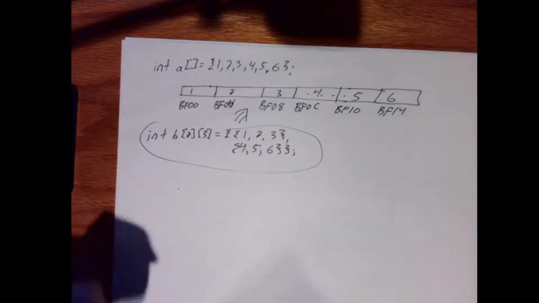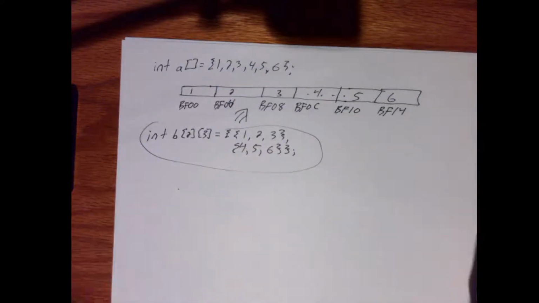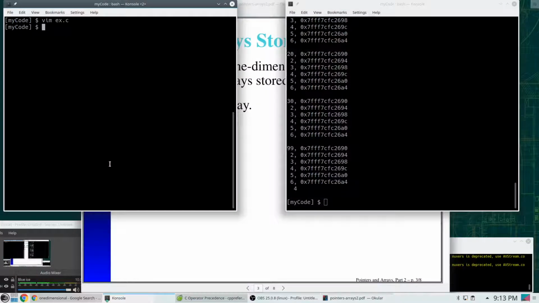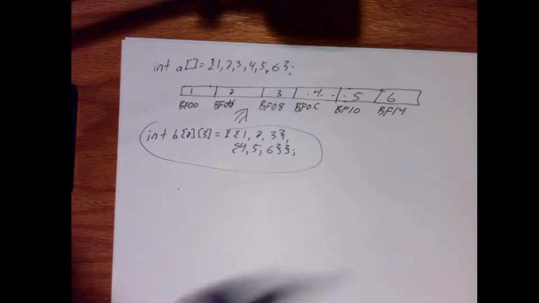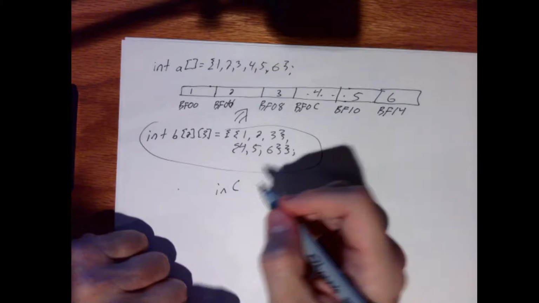So what difference does that make? Well, that means if I wanted to print all these, I could just use a pointer. Among other things. It also helps to understand. And also, while we're here, let me point this out to you. This is in C, as well as many other languages.